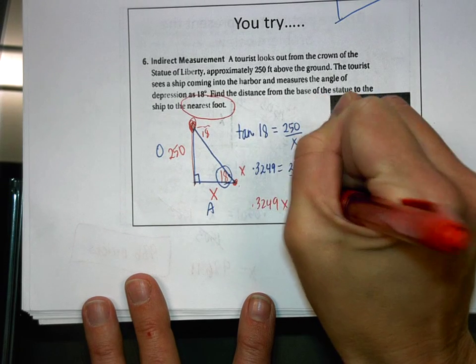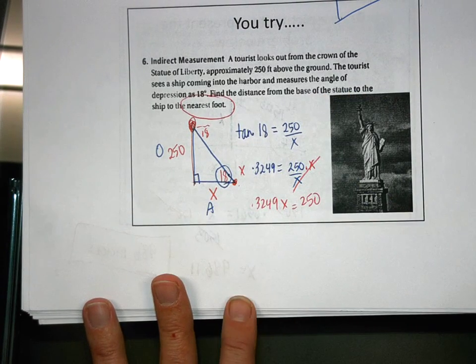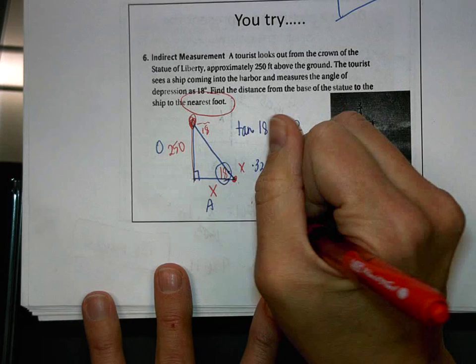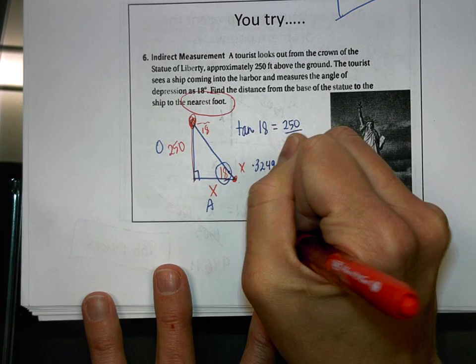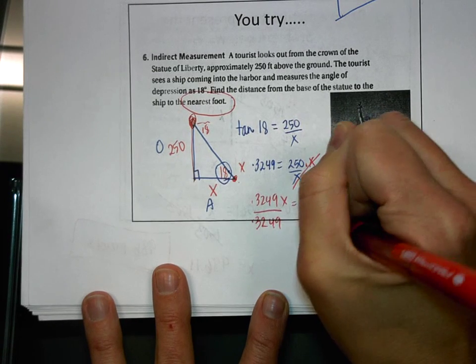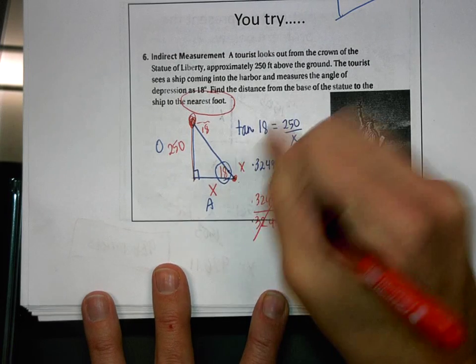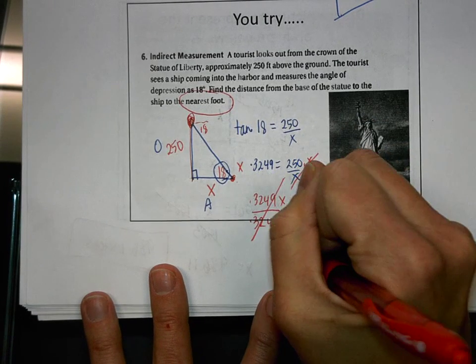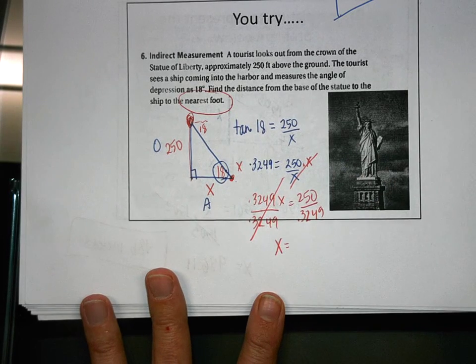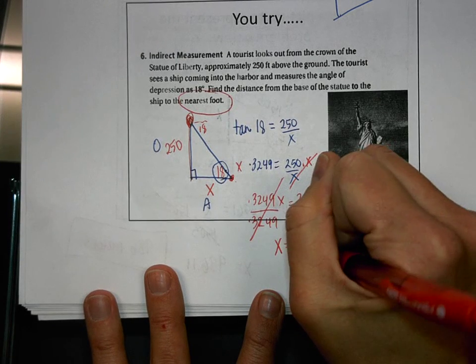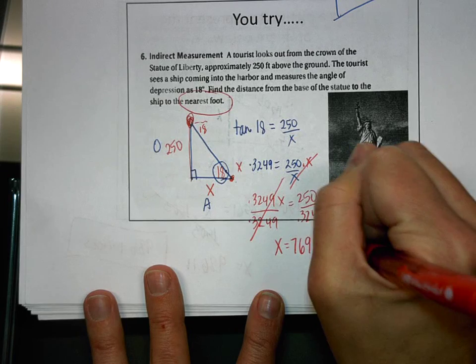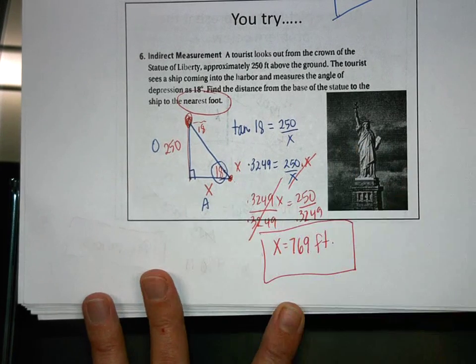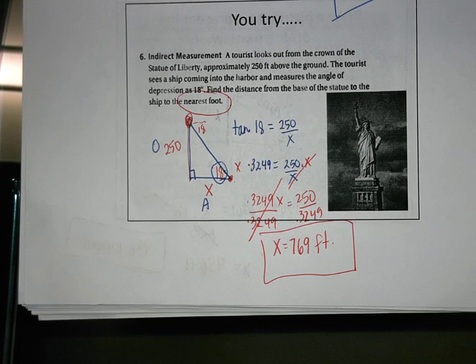And how will I end up getting x by itself? Good. Divide by 0.3249 to both sides. And what do we get? We're going to round to the nearest foot. Good. 769 feet is the correct answer. Any questions? Okay. I'm going to stop there then.